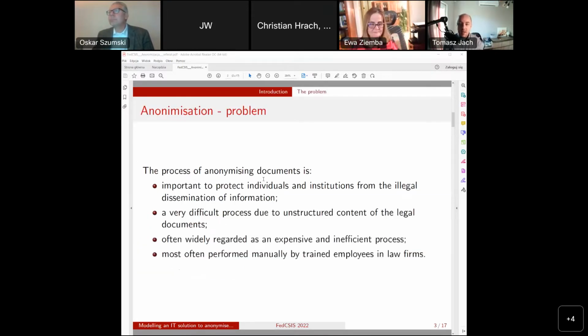Okay, so in order to completely understand the problem, we have to specify what we understand by anonymization. The problem comes from the legal domain. Law offices and lawyers tend to read and analyze a lot of documents, which are most of the time very difficult to analyze.